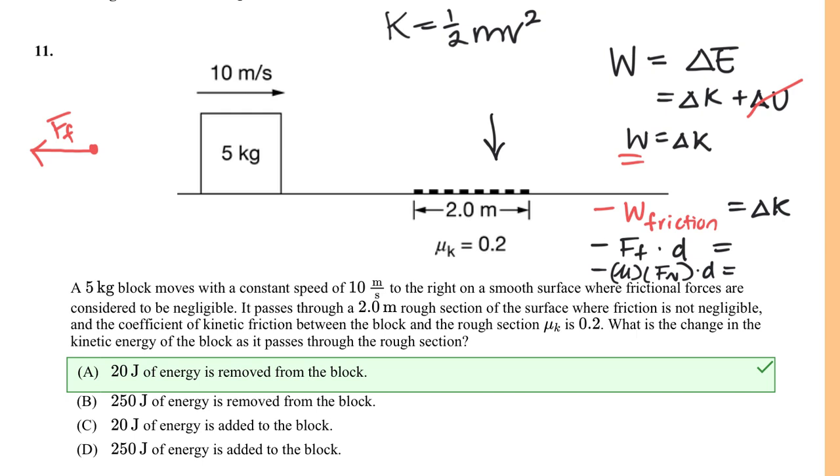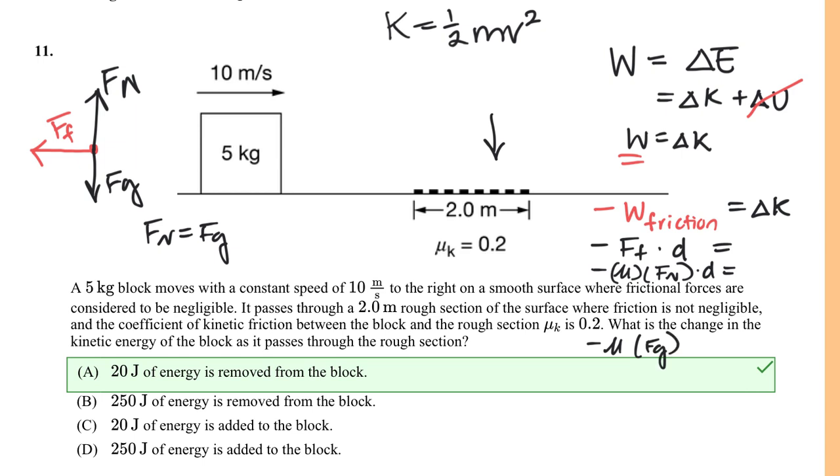And then for my normal force, because there is no movement in the up or down direction, we can just use our force of gravity in place of force normal, because Fn equals Fg. The forces are equal to each other.